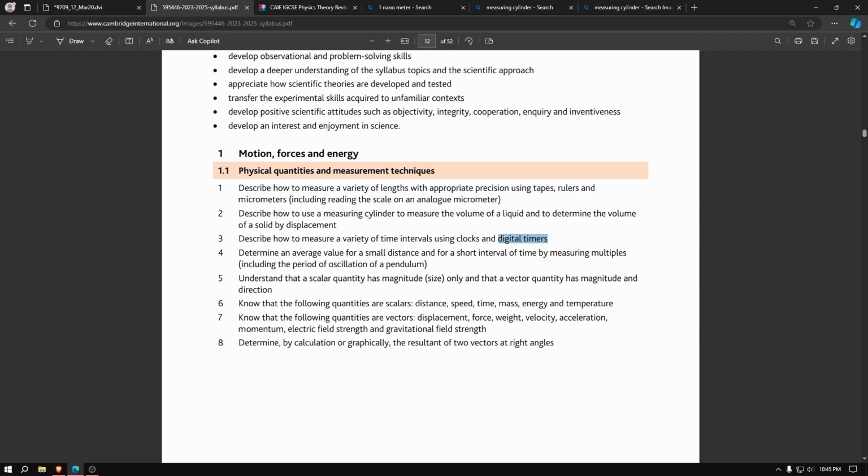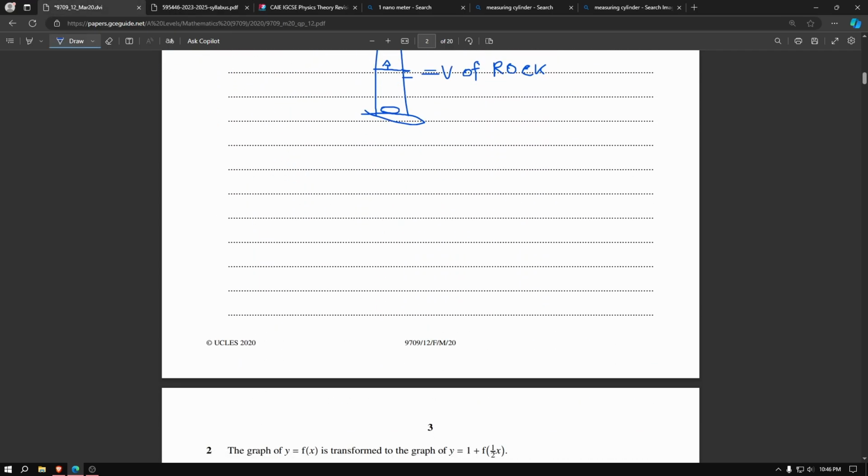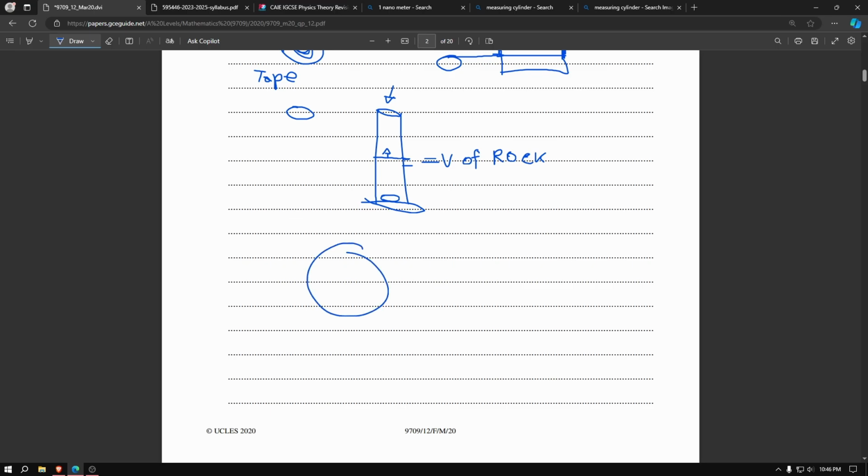What do you mean by that? If you use a stopwatch, it will be a round thing and there will be a display in the middle. The display in the middle will show the minute mark. So let's just say 1 minute and then 30 seconds, and then it will show a bit more. It might be able to show up to 1000 milliseconds.